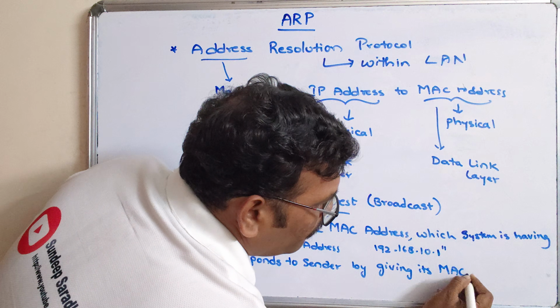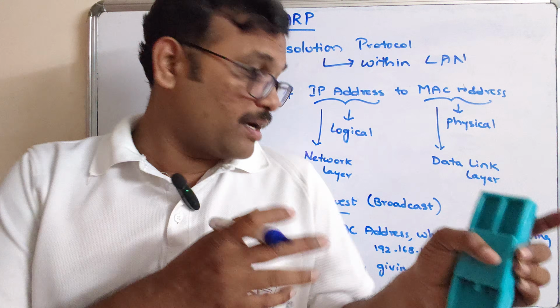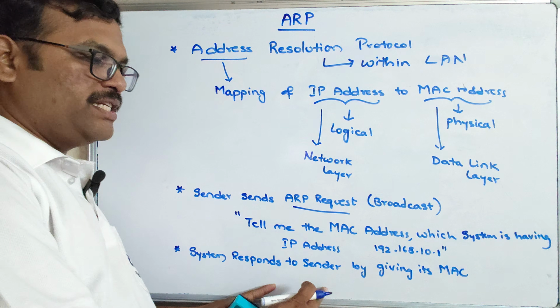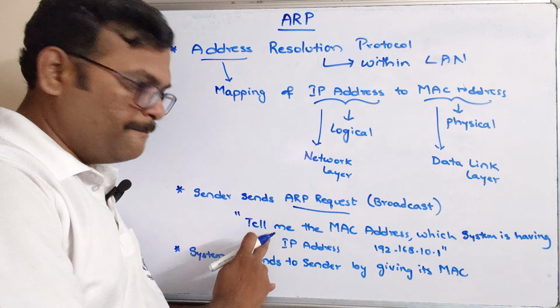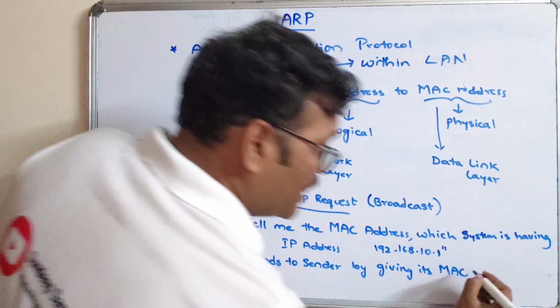Obviously, the one destination system having that particular IP address will have the MAC address. That particular system will respond to the sender for this message by giving its MAC address. Okay, so this is a unicast.